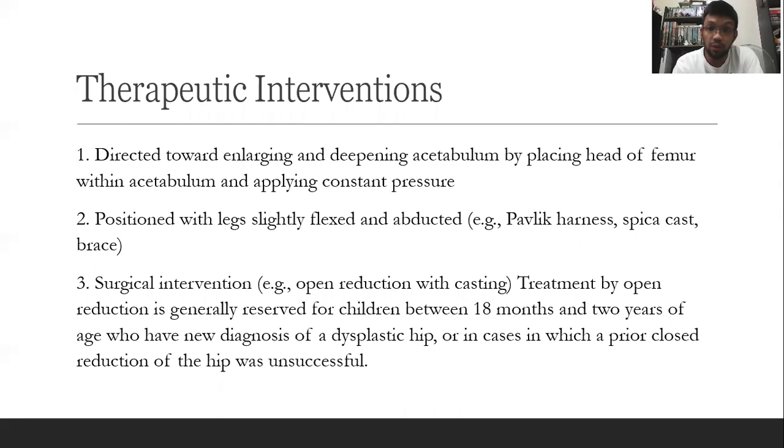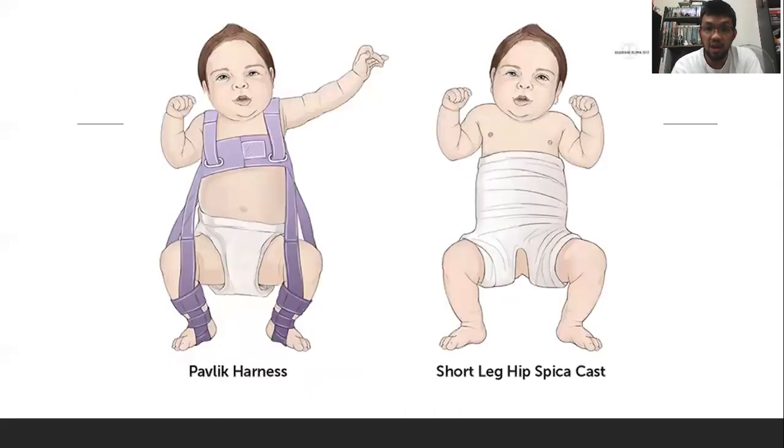Like what I've told you, if the Pavlik harness or the spica cast or a brace is unsuccessful, surgical intervention is going to be done. So the orthopedic surgeon is going to make sure that the head of the femur will be inside the socket. They're going to incise some ligaments, some muscles, in order to make sure that the head is within the acetabulum.